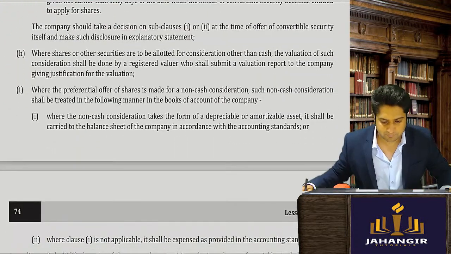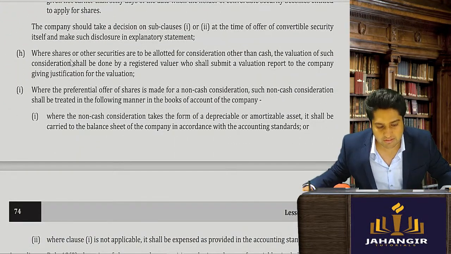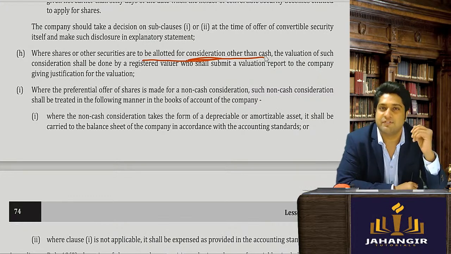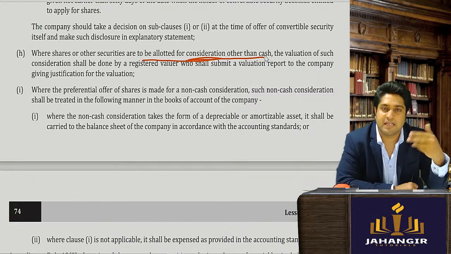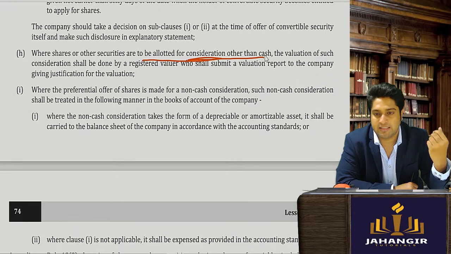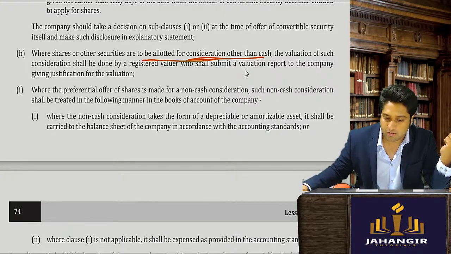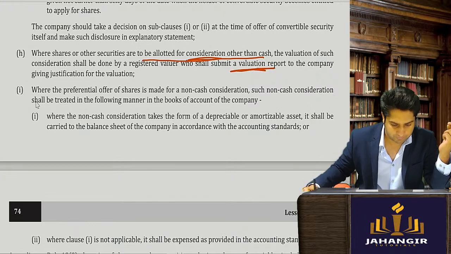Then comes where the shares and other securities are to be allotted for consideration other than cash. So for example, again we had decided he's getting, instead of money, some property, some kind of intellectual property. So a valuer should value it.